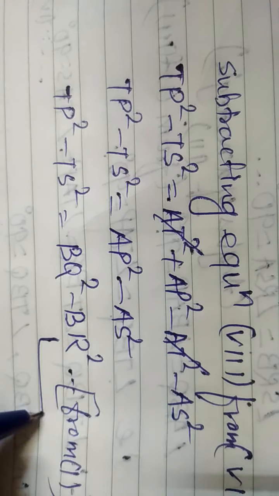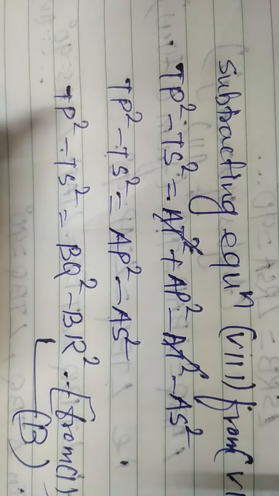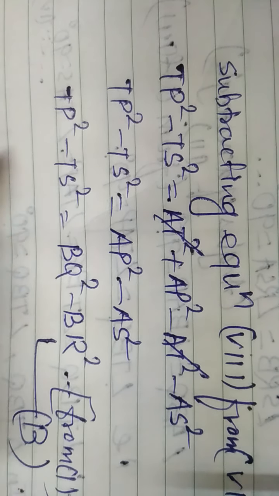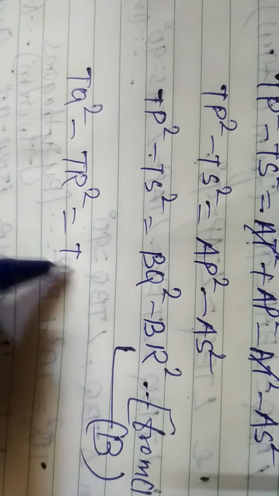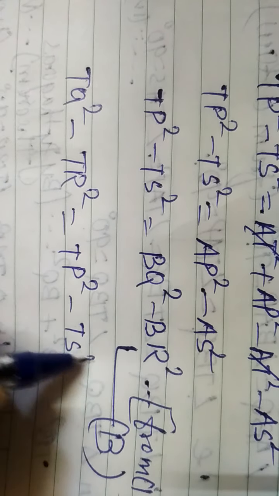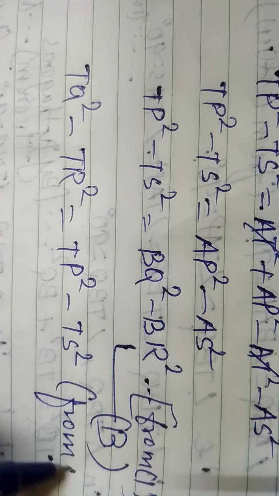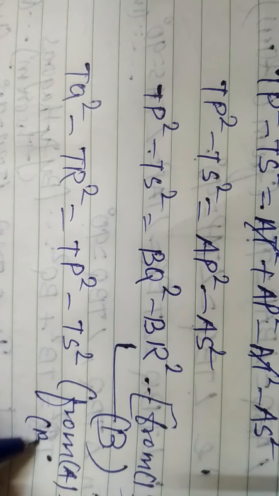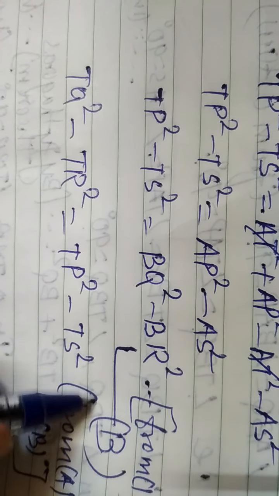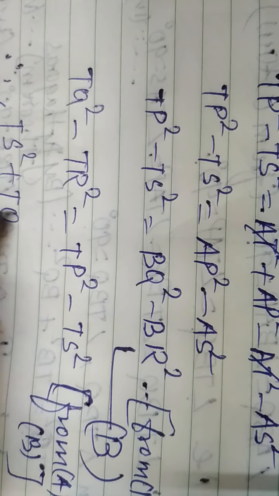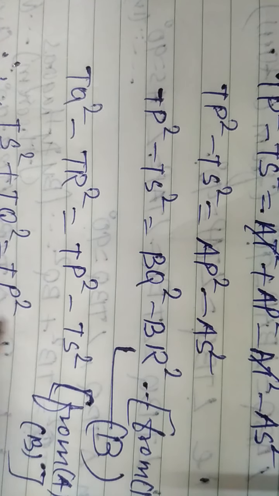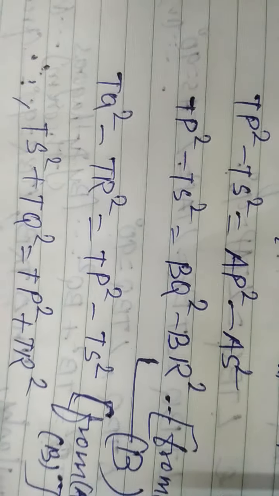We put this as equation B, and there we have equation A. So now we conclude: TQ square minus TR square equals TP square minus TS square, from equations A and B. Clear? So we get TQ square plus TS square equals TP square plus TR square. Hence proved.